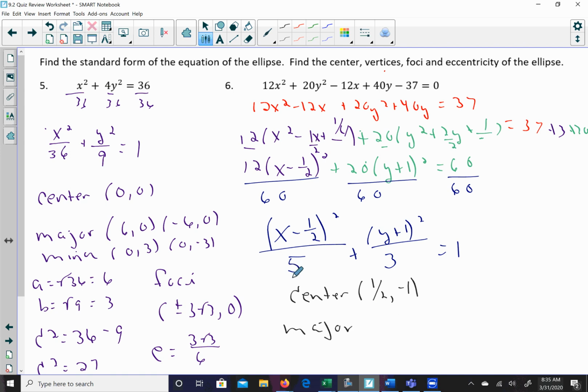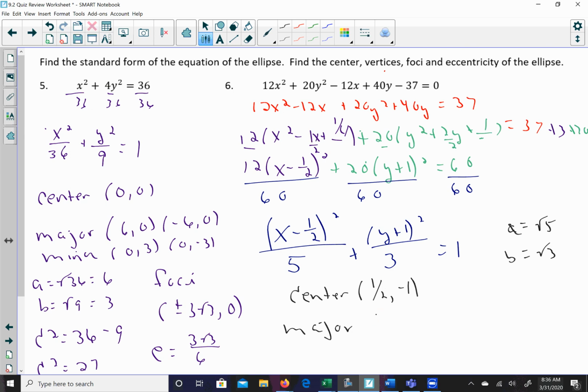My major vertices will be, the 5 is the largest, so a is going to equal the square root of 5, which I cannot simplify, and b is going to equal the square root of 3, which I cannot simplify. Square root of 5 is larger, so I'm going to add that square root of 5 to the x-coordinate.